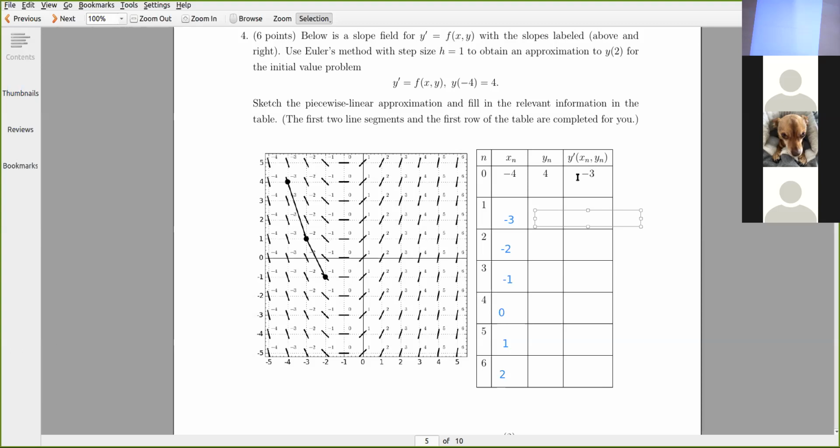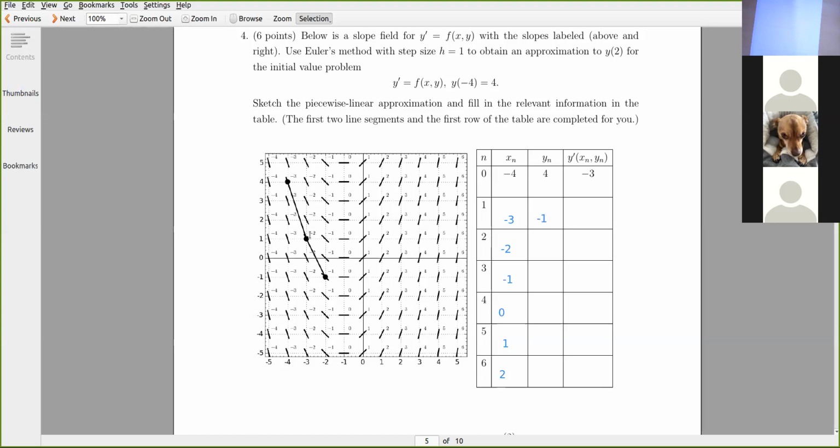So if I add on negative 3 plus 4, we will get negative 1 wait, 1. And that's essentially here at this point. If you look at the point negative 4, 4, the slope they give us there is negative 3. And so what we want to do is go over 1 because my x step size is 1 and then down 3. And that's my next point. Now we have a new slope and they give it to us. The slope is negative 2.